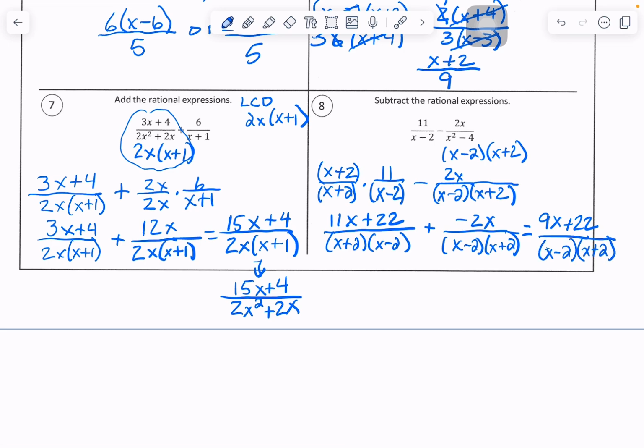All right, 9x plus 22 can't be factored, so that's our final answer. If you want, you could write it as 9x plus 22 over x squared minus 4.